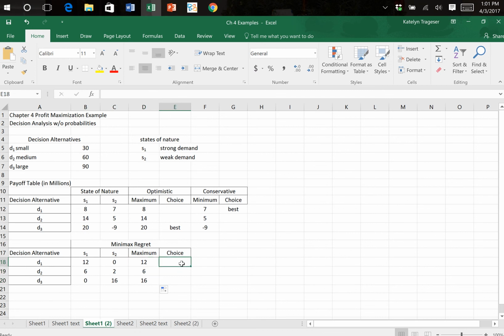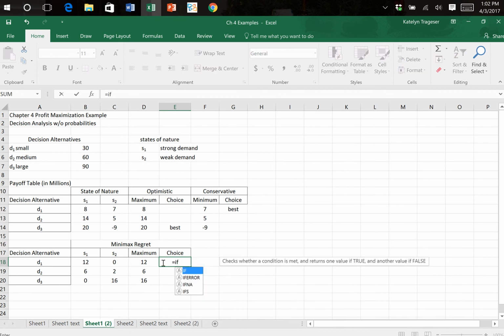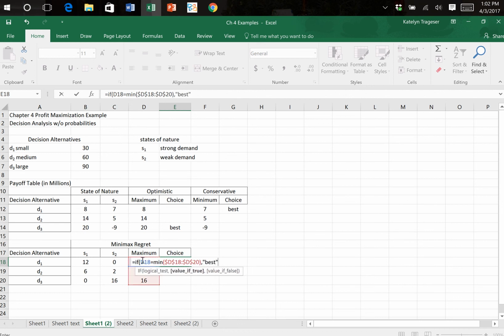So now again for our choice, we want an if-then statement. With the Minimax Regret, we now want the minimum value of these 3 maximum values. So again, an if statement equals if the one on my left equals the minimum of the 3 on my left, then we want to see best.